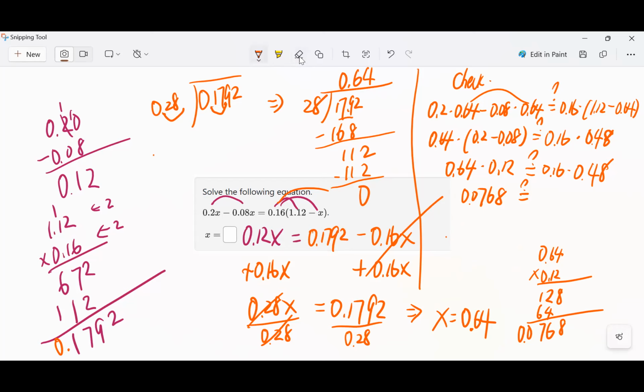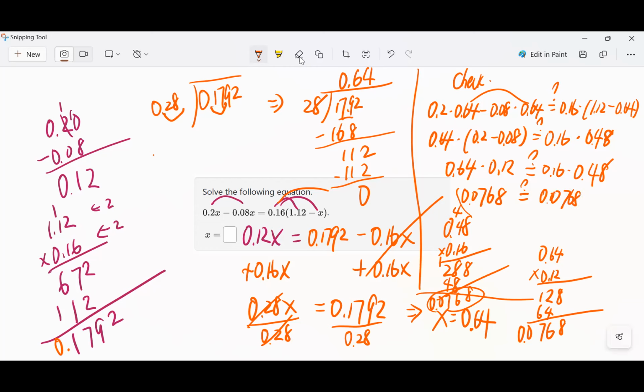Then going back here, let's multiply 0.48 times 0.16. 6 times 8, 48. 6 times 4, 24, adding 4, 28. 1 times 8 is 8. 1 times 4 is 4. Take 8, 16, get 1 over 7, so it's 0.0768. Right hand side is the same thing as left hand side.